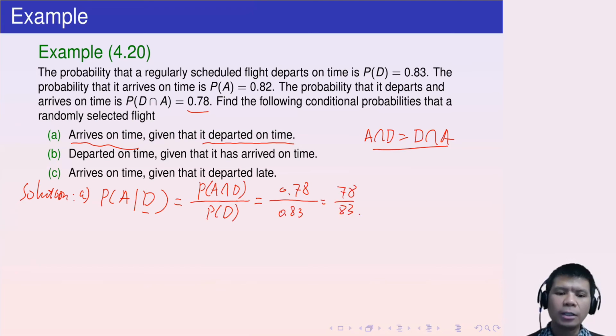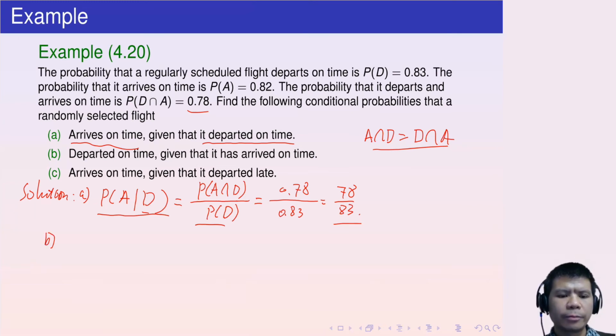Okay, so that is part A. So you need to be really careful which event is the event of interest and which event is the event that serves as a condition, and then write down the correct form, use the definition, and find this value. Okay, this is part A.